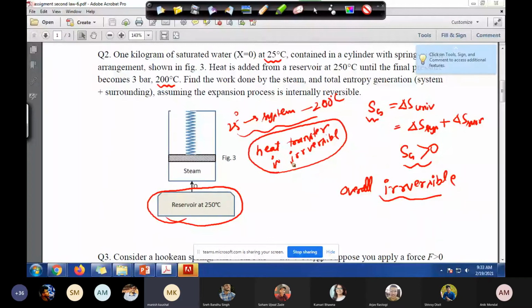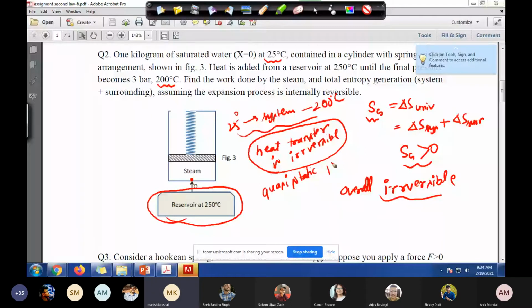The moment heat transfer is irreversible, the process cannot be quasi-static. Because you're directly passing heat to the system, and the system's local temperature and the reservoir temperature are different, you cannot get a quasi-static process.